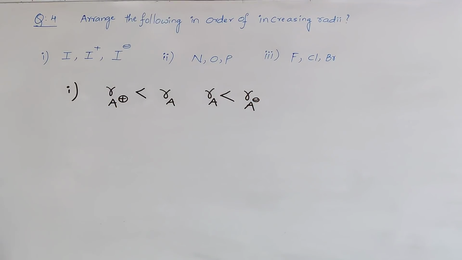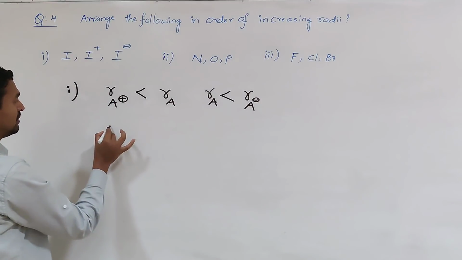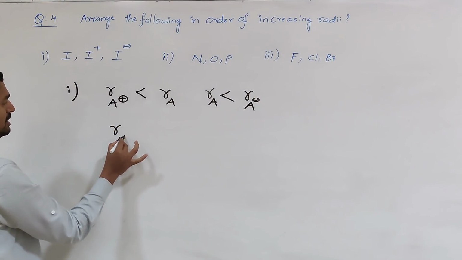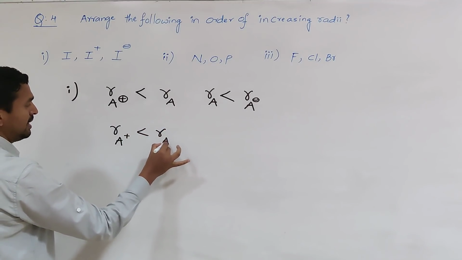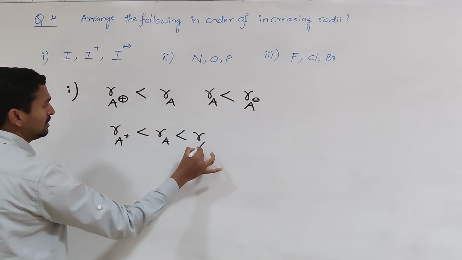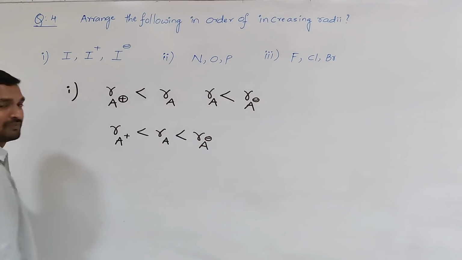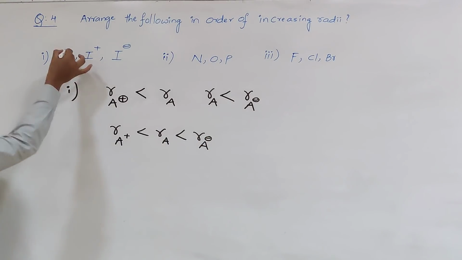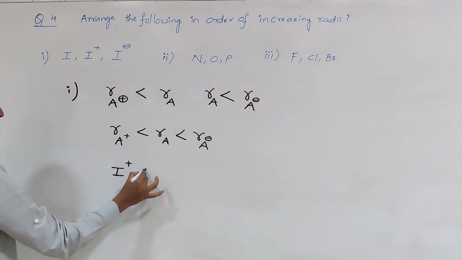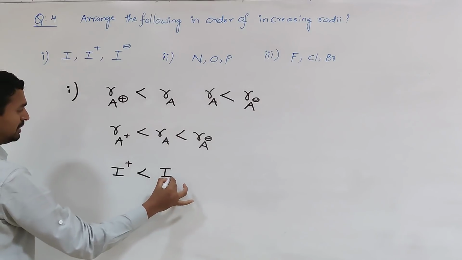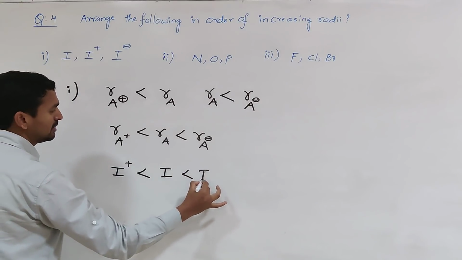So from this, what we concluded is R A plus is less than R A is less than R A minus. Simply you can arrange it in the case of iodine: I plus is less than iodine is less than I minus.